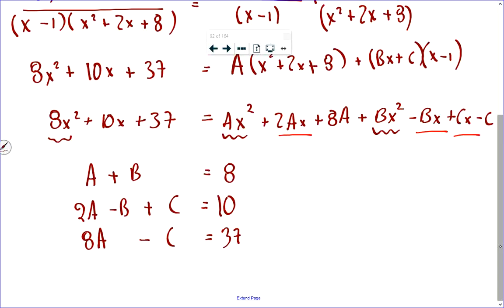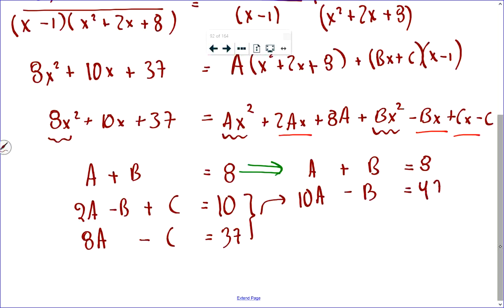And I also have an equation here with a and b. This top equation, compared to the sum of these two, is that.